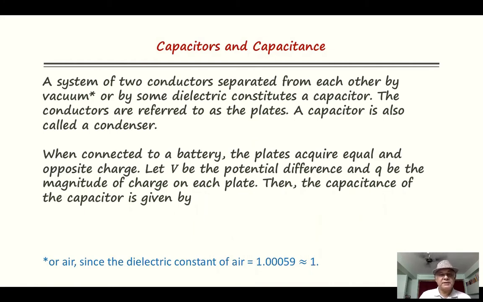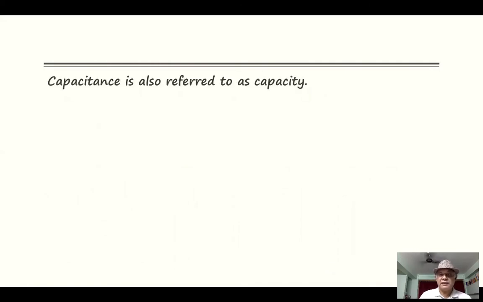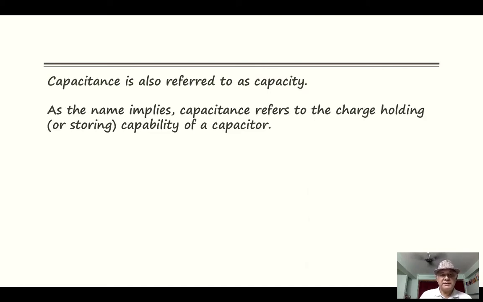Then the capacitance of the capacitor is given by C equal to Q by V. The capacitance is also referred to as capacity. As the name implies, capacitance refers to the charge holding or storing capability of a capacitor.